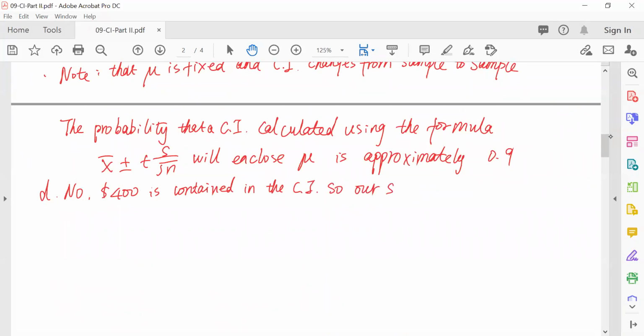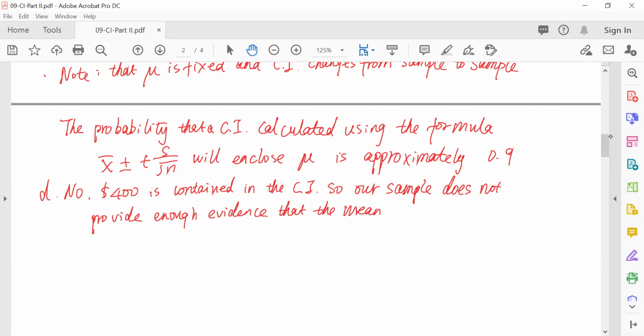So our sample does not provide enough evidence that the mean spent on textbook by the MSSU students is different from 400.